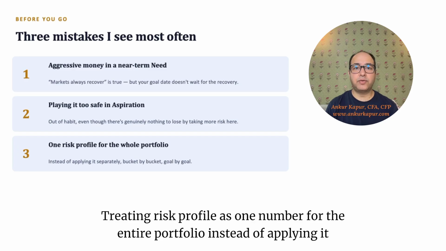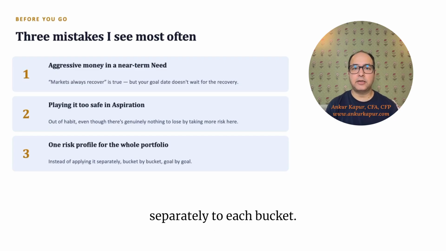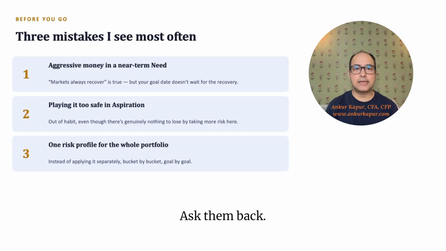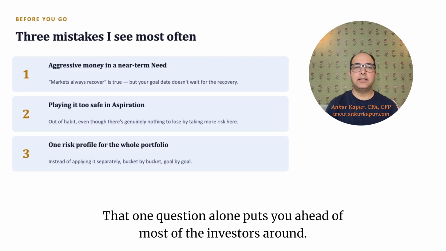The third is treating risk profile as one number for the entire portfolio instead of applying it separately to each bucket. So next time someone asks you, what's your risk profile? Ask them back, risk profile for which bucket? That one question alone puts you ahead of most of the investors around.